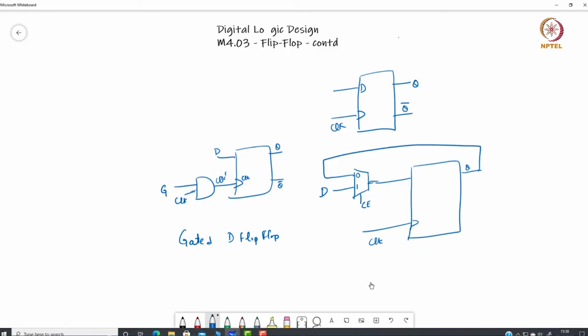If chip enable is 1, then whatever is the value of D, that will go to Q. So this could sometimes be a better implementation, which can control when D has to be applied to our D flip flop.